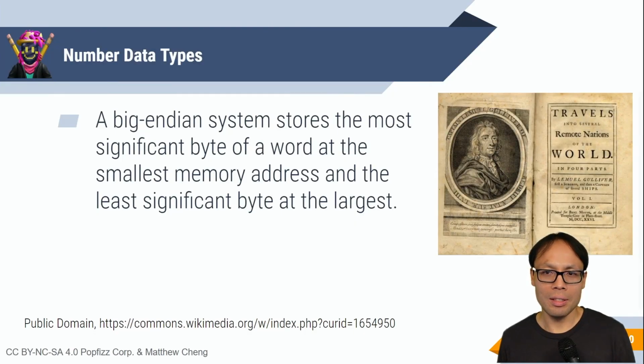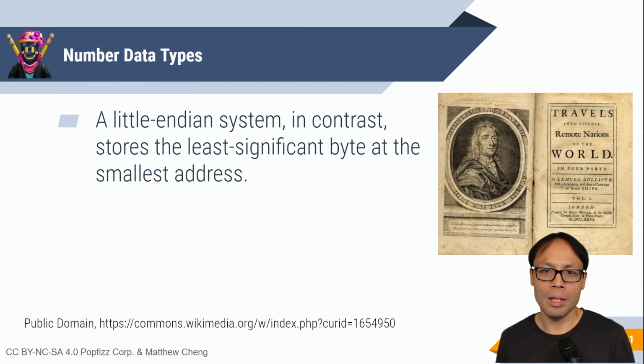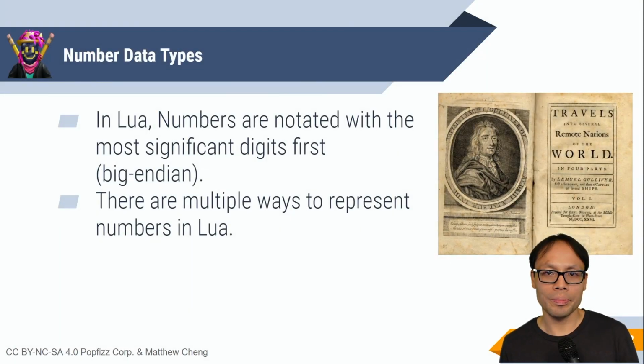The big endian system stores the most significant byte of the word at the smallest memory address, and the least significant byte at the largest. A little endian system, in contrast, stores the least significant byte at the smallest address. In Lua, numbers are notated with the most significant digits first, which means that it follows big endian.